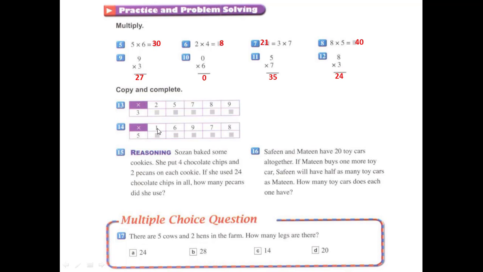Now it's multiplication with 3 and 5 table. 2 times 3, 6. 5 times 3, 15. 7 times 3, 21. 8 times 3, 24. 9 times 3, 27. 1 times 5, 5. 6 times 5, 30. 9 times 5, 45. 7 times 5, 35. 8 times 5, 40.